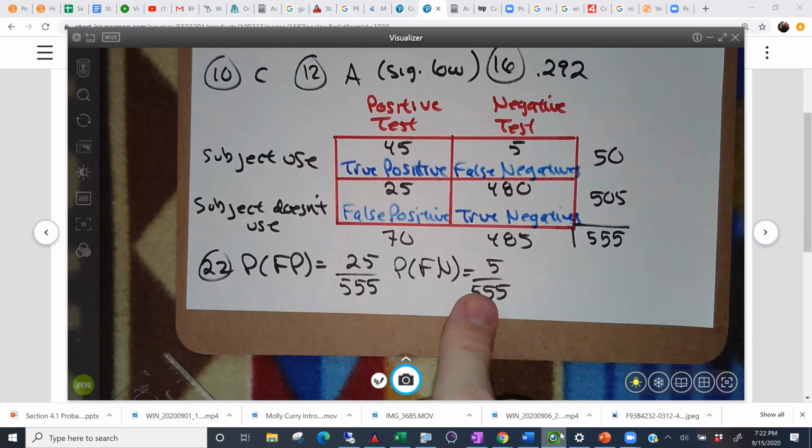Of these two, if you're applying this to the coronavirus, which one would you want lower, the false positives or the false negatives? I guess you got to think about which one does the more damage. Telling somebody that they do have it when they don't, or telling somebody they don't have it when they do. Which one's worse? Here you're making somebody worry unnecessarily.